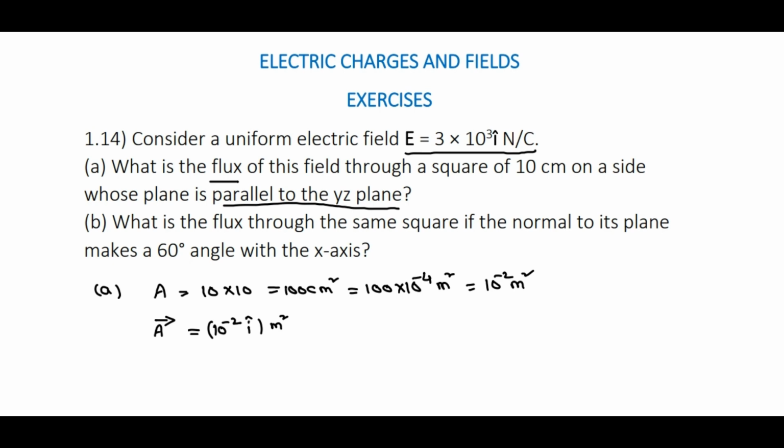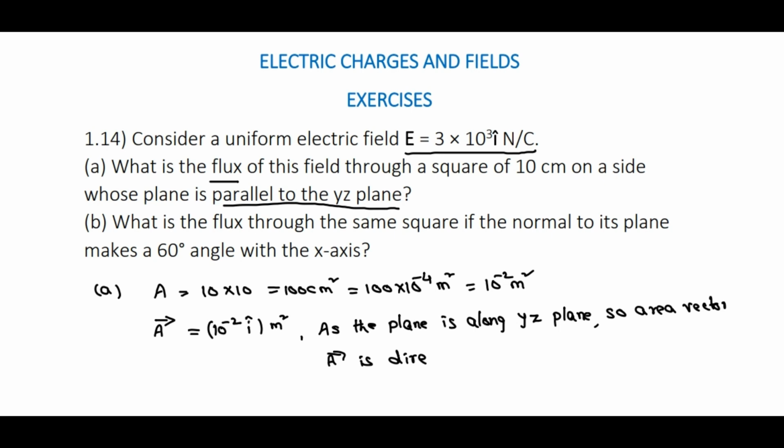The reason is as the plane is along yz plane, so area vector A bar is directed along x axis.